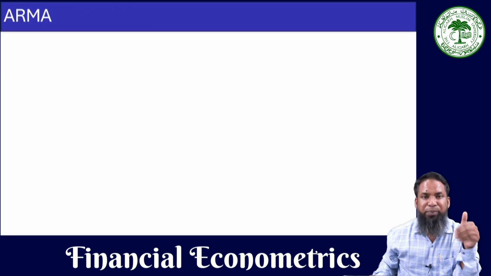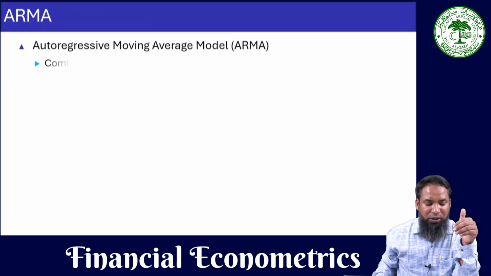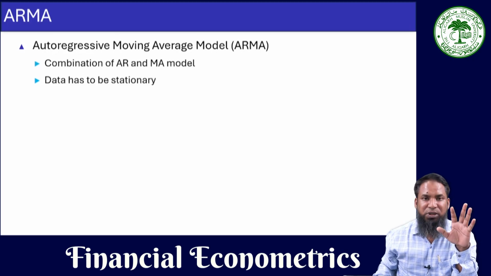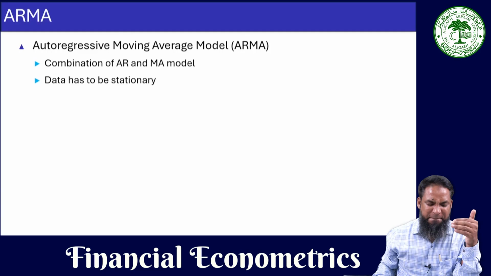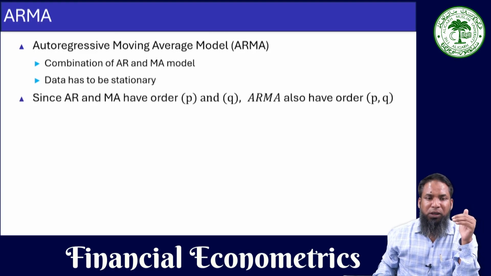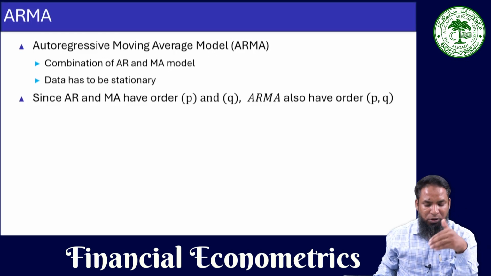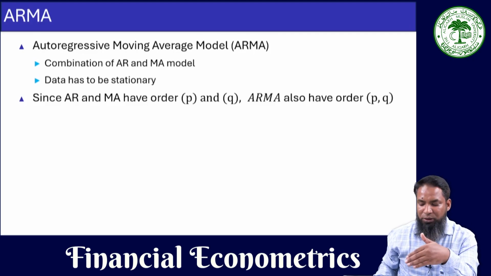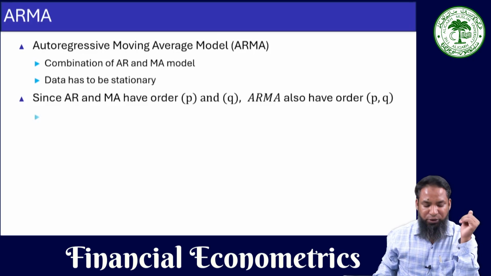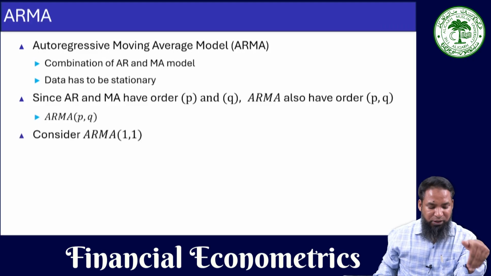So let us see what we have here. Data has to be stationary, as was the case for the moving average and autoregressive processes. Since the autoregressive is of order P and the moving average is of order Q, the ARMA will also have order P and Q. For example, we can write ARMA(P,Q).